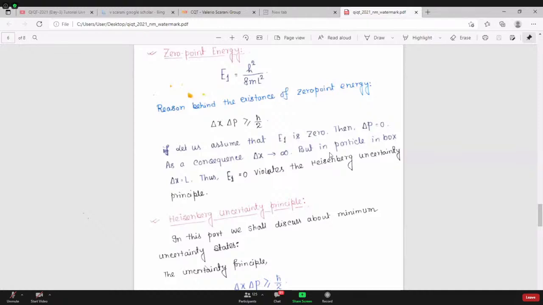Okay, look. In general, we can construct an uncertainty principle between two non-commuting operators. If you have A and B, and they are not commuting, that means A and B don't have a simultaneous eigenfunction. If A and B commute, they have a simultaneous eigenfunction, or you can construct it. But if A and B do not commute with each other, they don't have a simultaneous eigenfunction and can have an uncertainty relation between them.